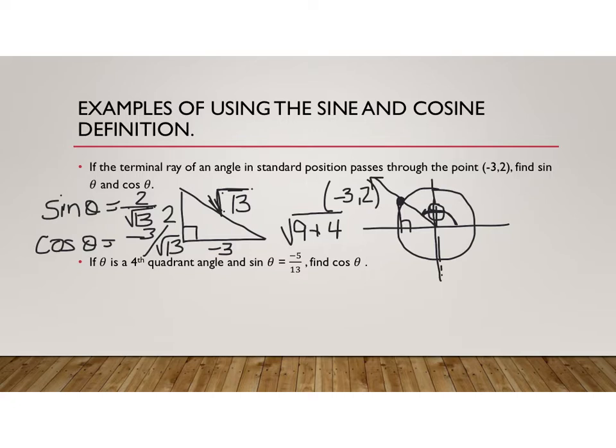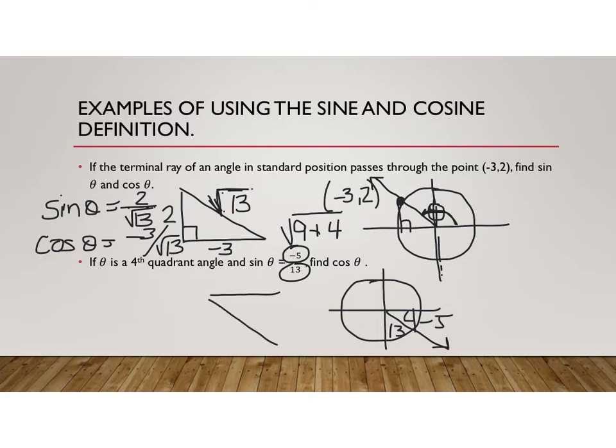Next example says if theta is a fourth quadrant angle and sine of theta is negative 5/13. So in this case, it tells me that my angle's in the fourth quadrant. It's down here someplace. If I make a triangle by going vertically to the x-axis, sine is y, so my y is negative 5. That would be this length. My r is 13, that's the hypotenuse, or the radius, sorry, of that circle.